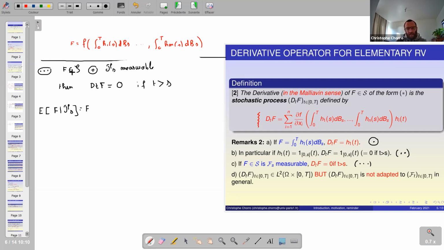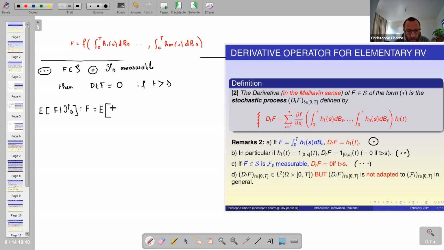And keep in mind that I have the right to consider the conditional expectation because I have a random variable that has moments of all order. In particular, it is in L1 or in L2. And if I want to simplify this expression a little, I can write it this way.